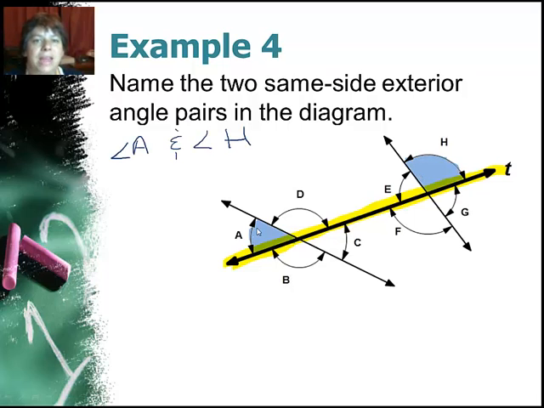So angle A and angle H are a same side exterior angle pair. The other pair I have is angle B, which is below the transversal and on the exterior, the outside, and angle G, which is also on the exterior. So angle B and angle G are same side exterior angle pairs.